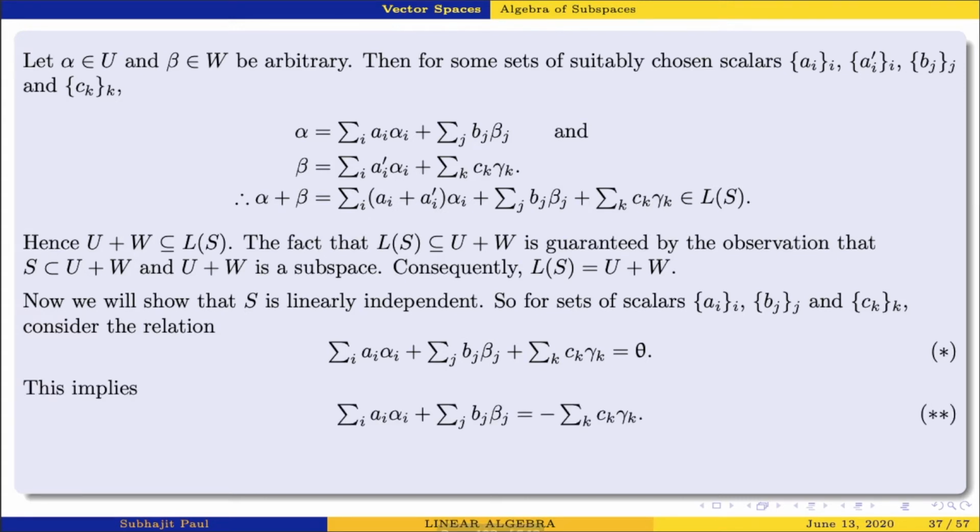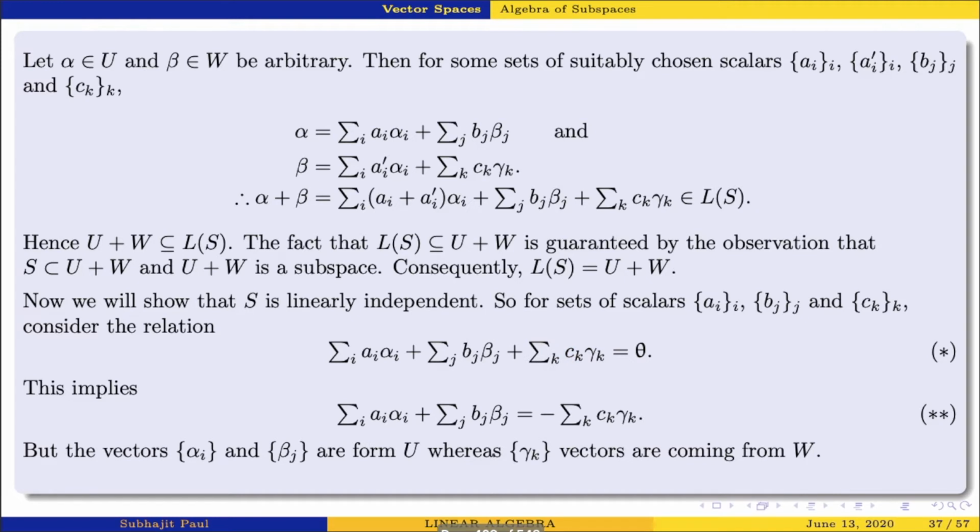Now this star implies, if you take the sum over k to the other side, then you get sigma ai alpha i plus sigma bj beta j is equal to minus the sum over ck gamma k. Fine, no problem there.